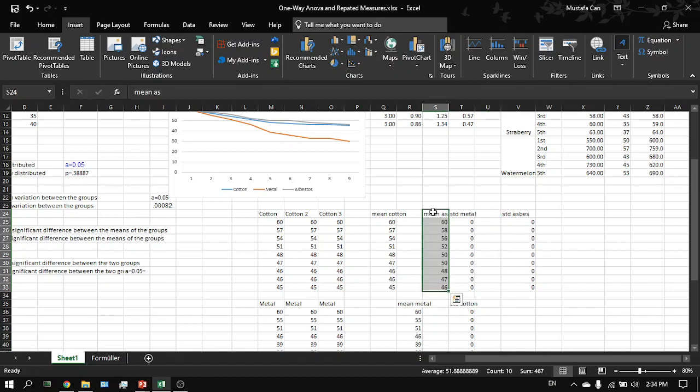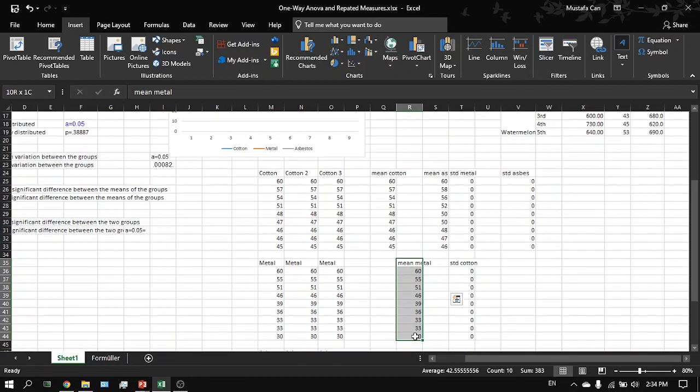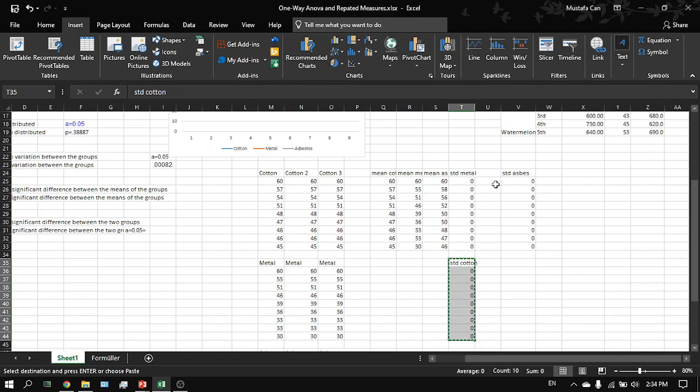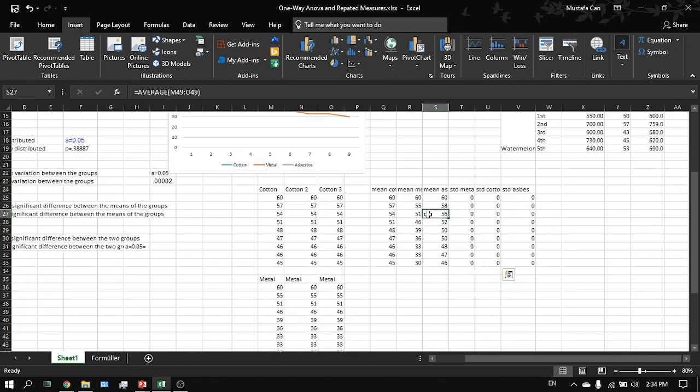So asbestos here, metal here. This type of writing is important since you want to do it while you're graphing. You'll need to use this type of layout. So I'll take these and I'll take these. How did I select it?